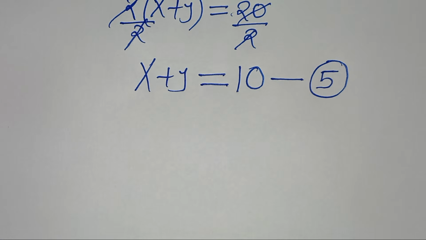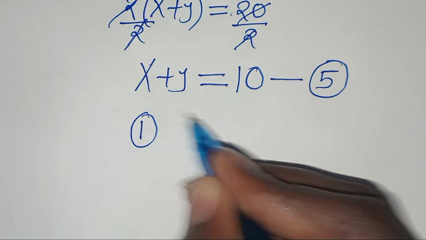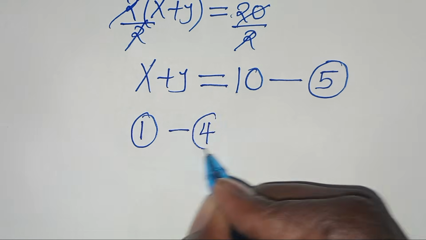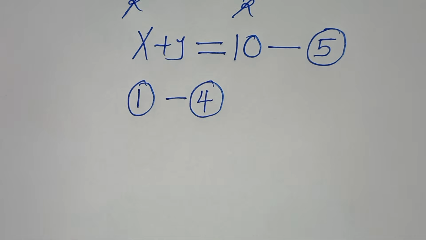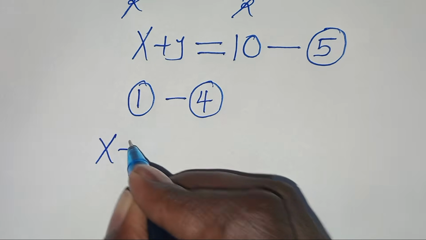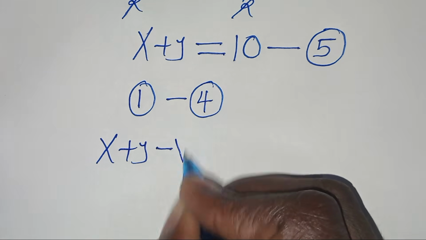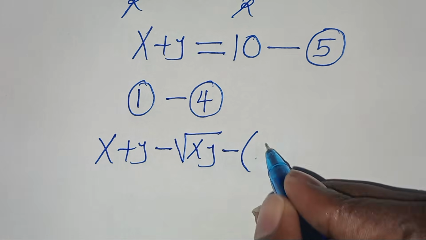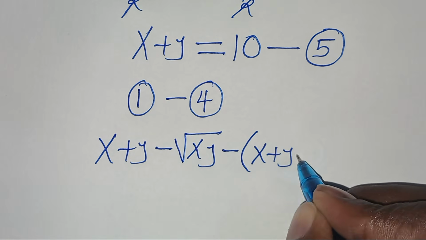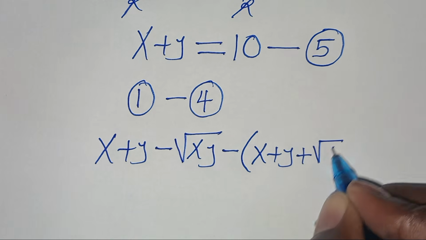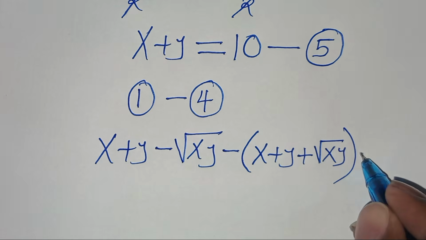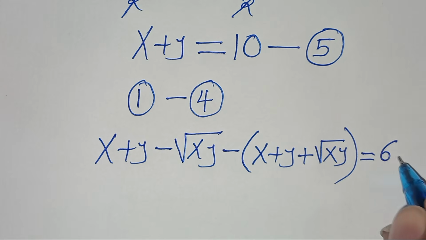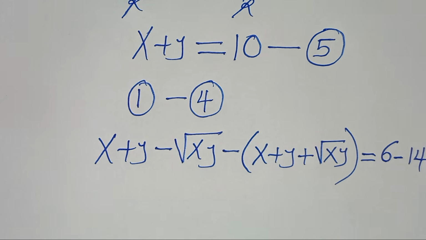Now, the next step is to subtract equation 4 from equation 1. So this means we have x plus y, subtract square root of xy, then subtract equation 4, which is x plus y plus the square root of xy. This is equal to 6 minus 14.